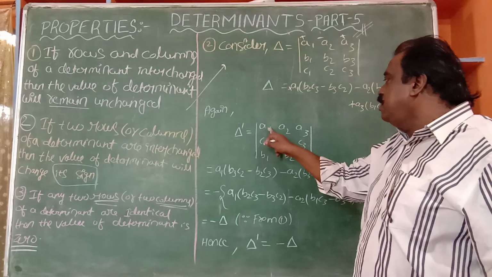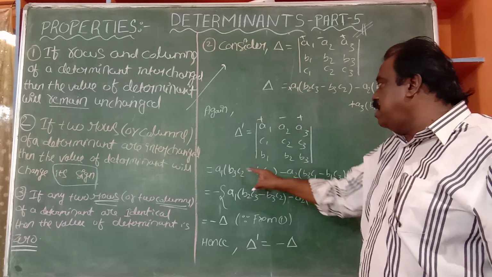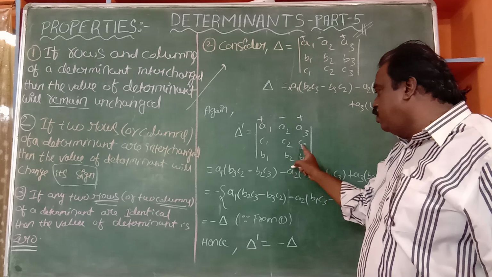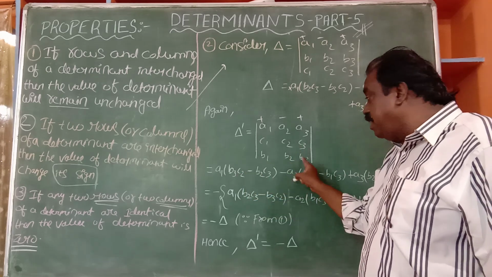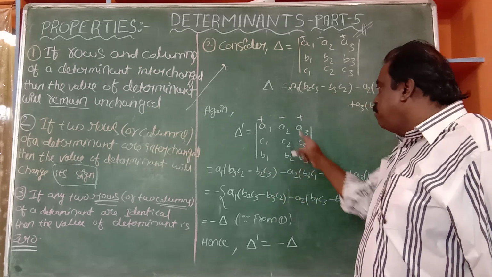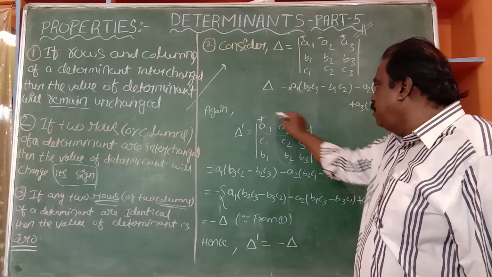We will calculate. A1 of, as it is, B3 C2 minus B2 C3. Be careful, B3 C2 minus B2 C3. Minus A2 of, this one and this one will be changed.